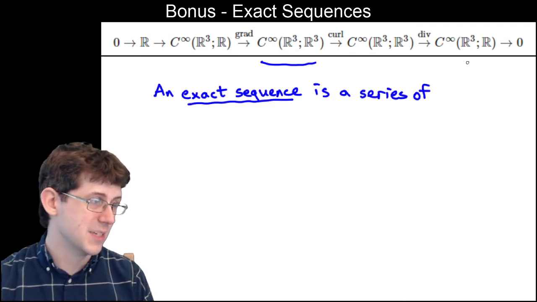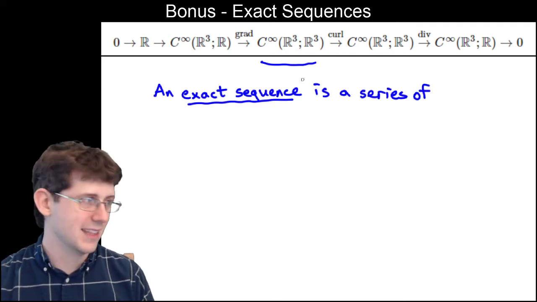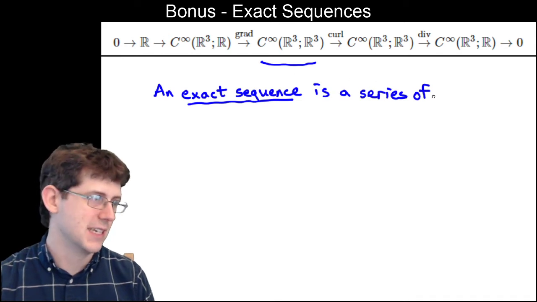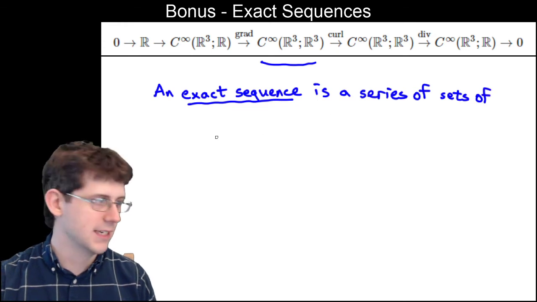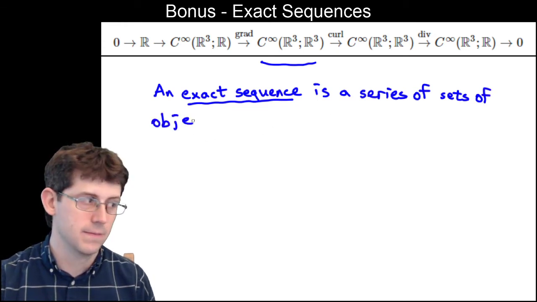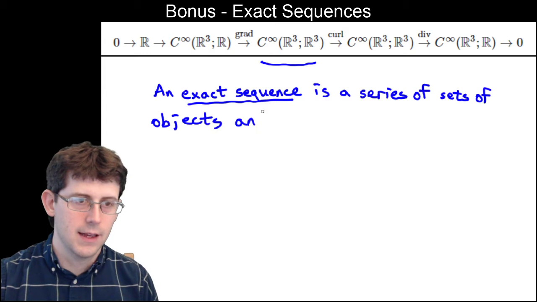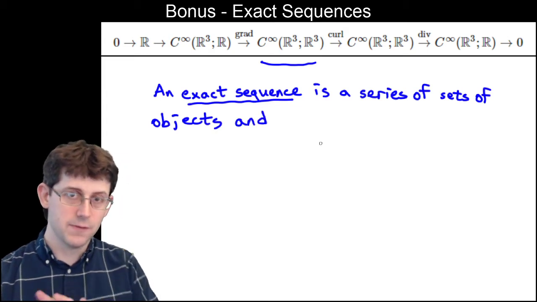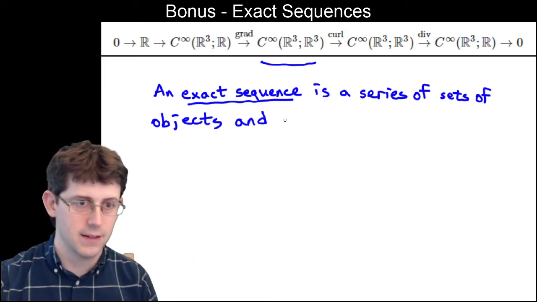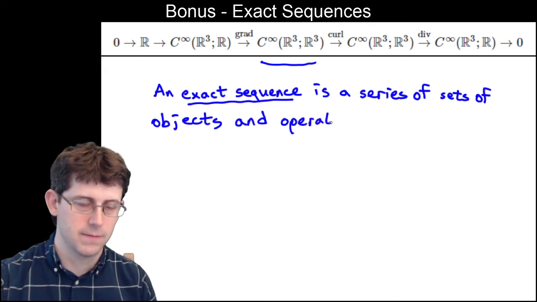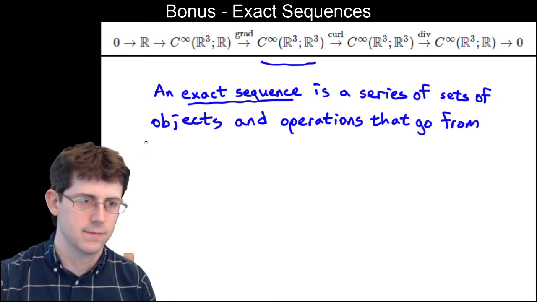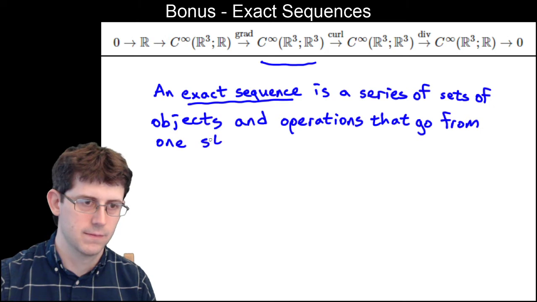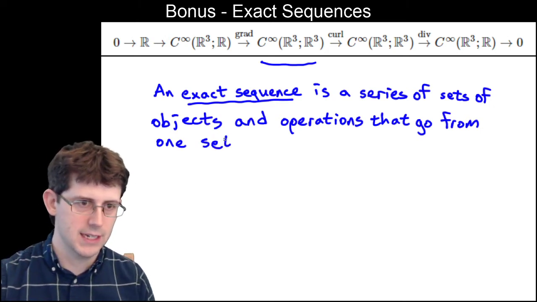Here's some functions on space again. What kind of thing is that? I'm just going to say that they're sets of objects and operations that go from one set to the next.